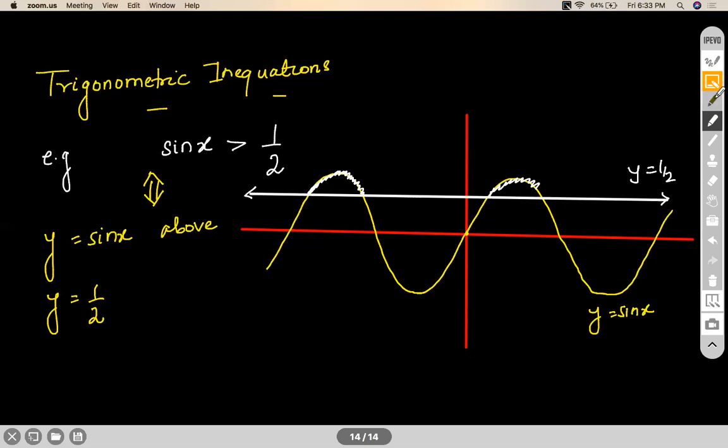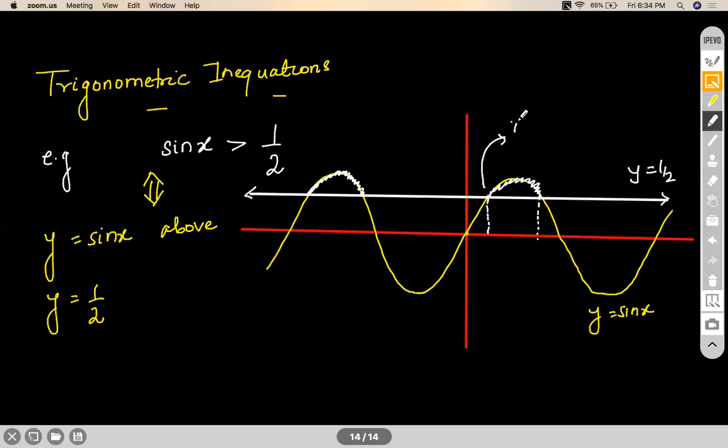Let's take any one of the intervals. For example, let me take this gap. Can you tell me what will be the angle here and what will be the angle here? That's very easy to solve because it is the point where sin x becomes equal to half.